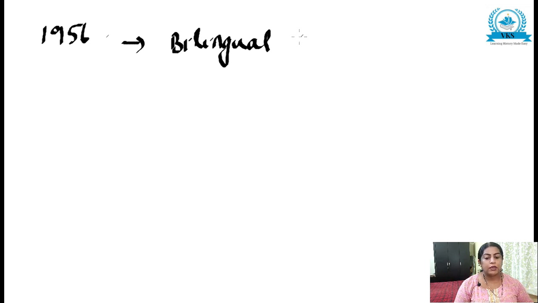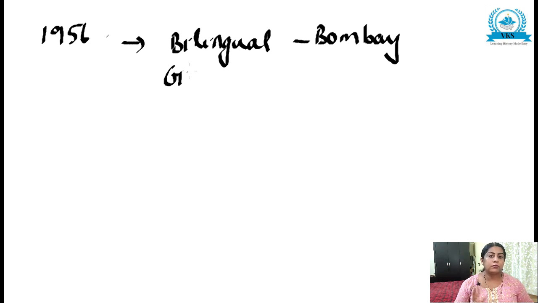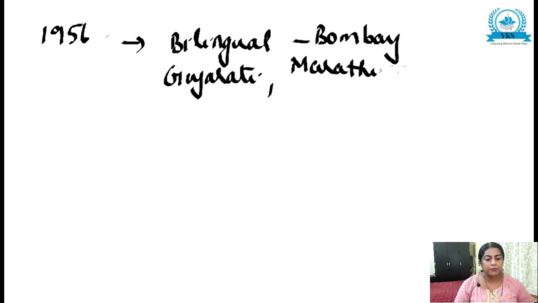Considering some states, even after 1956, there was the bilingual state of Bombay, consisting of people speaking two languages, that is Gujarati and Marathi speaking people.